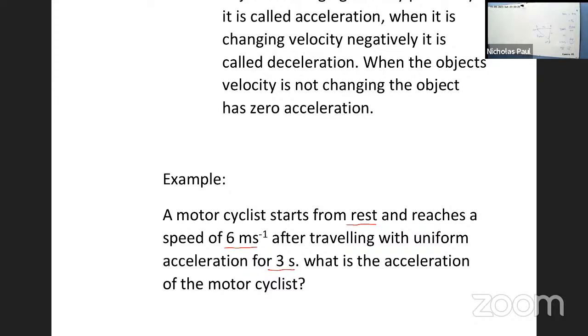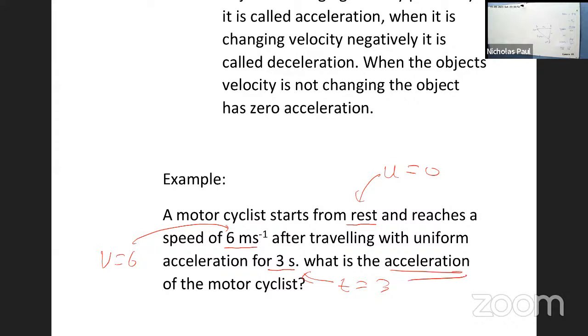Right. So the object starts from rest. So it means that the initial velocity is 0. Final speed is 6. So it means that v is 6. And the time it took is 3. But what do you want to find?